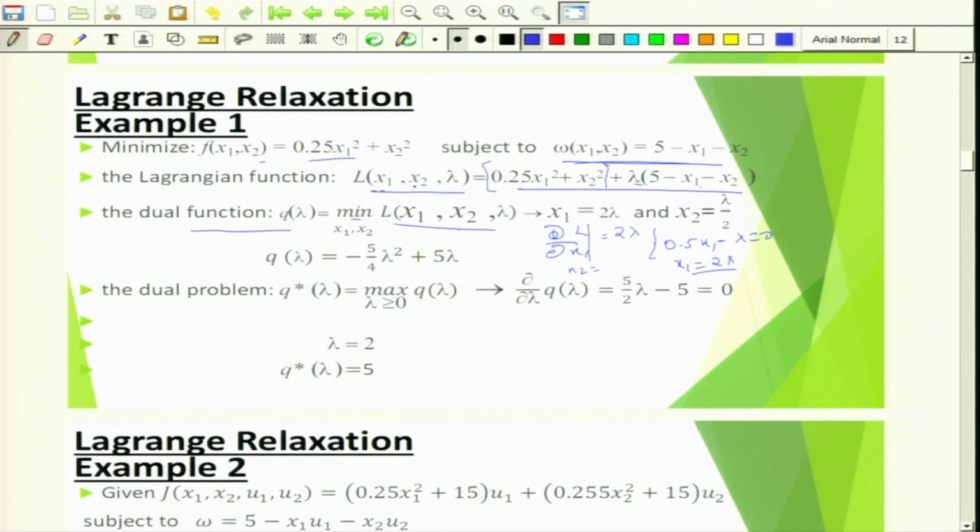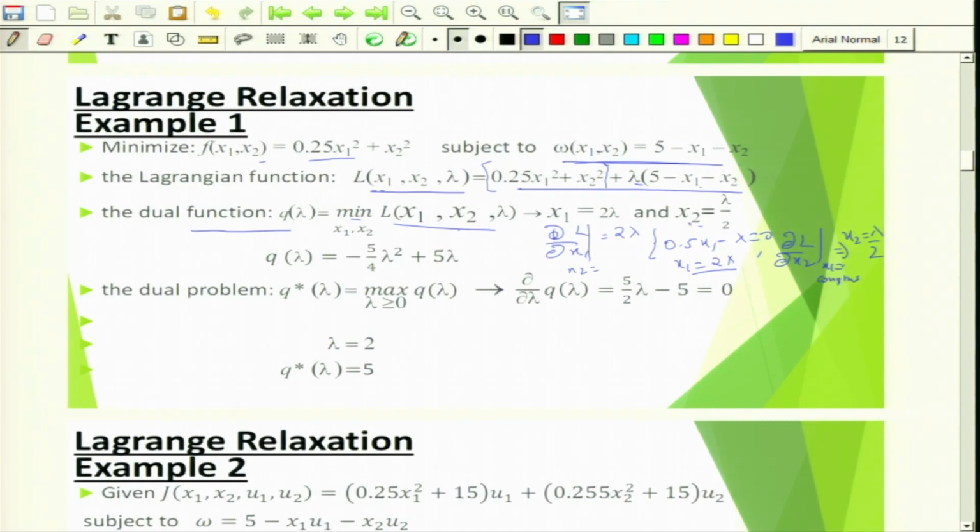Similarly, you differentiate this Lagrangian function, dou L by dou x2, where x1 is kept constant, then you get x2 is equal to lambda by 2. That is what we have got here.